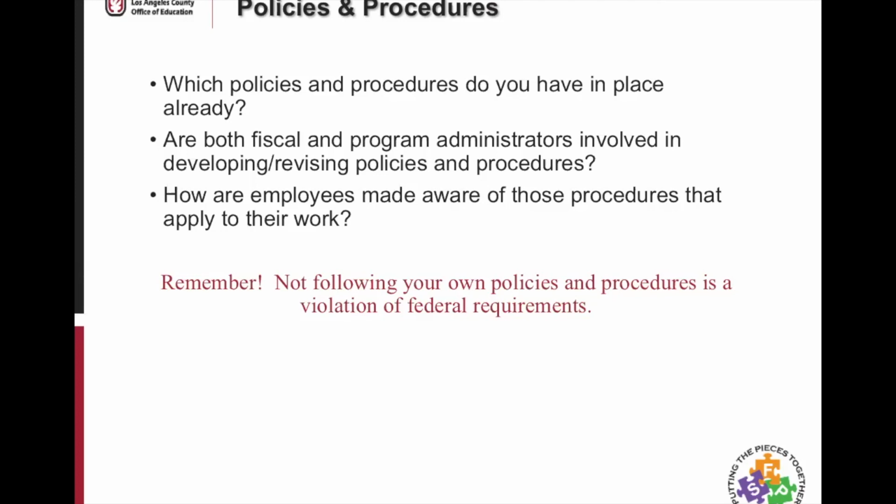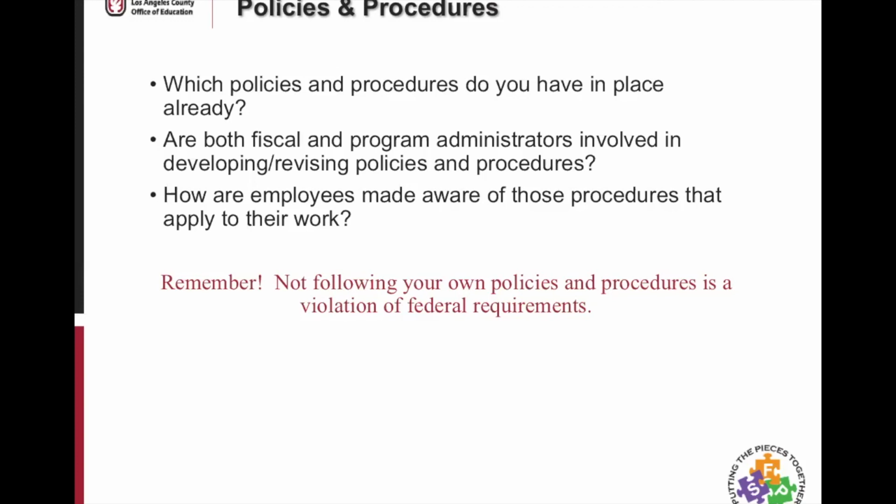Sometimes one side or the other has something to add that you might not think of on the other side. Revising those policies and procedures, making sure they're really working. And how are employees made aware of them? How do you make sure everyone knows their piece in ensuring that procedures are followed?